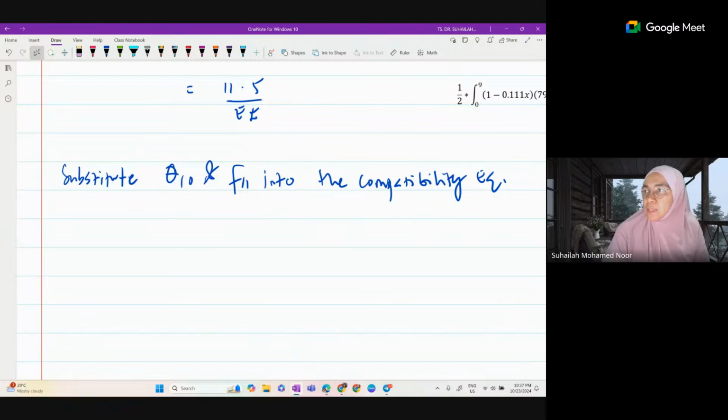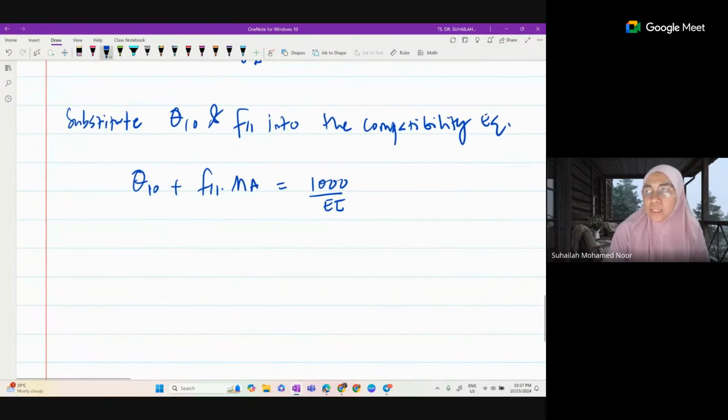So the standard form as we have written in the beginning is theta 1 naught plus F11 times MA is equal to 1000 over EI.